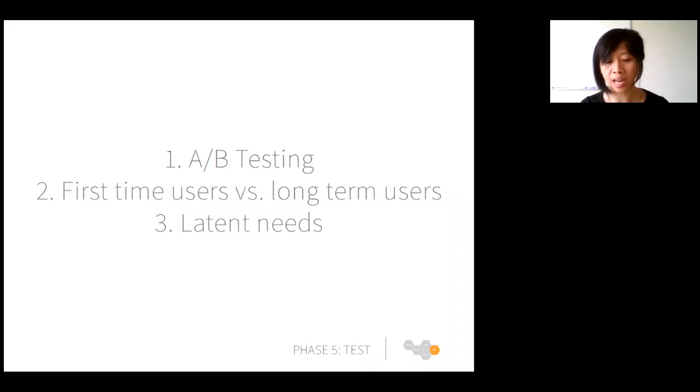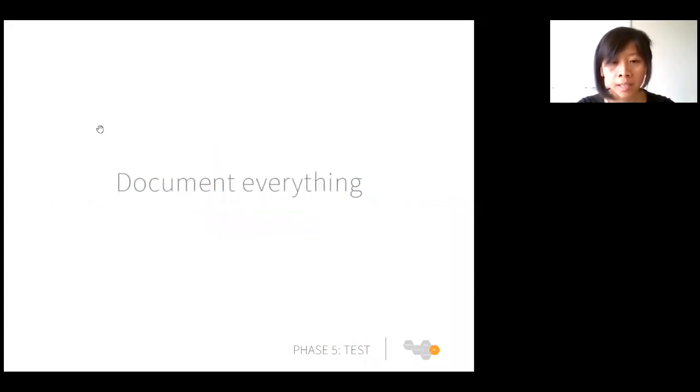And that will give you a good idea for how much you need to change your product or service. So test, test, test, and again, document everything for the obvious reasons that I mentioned before.